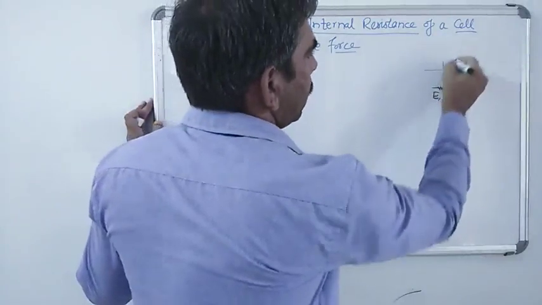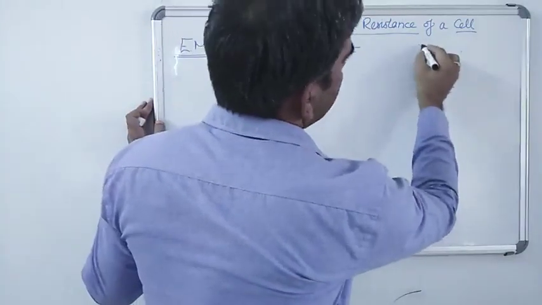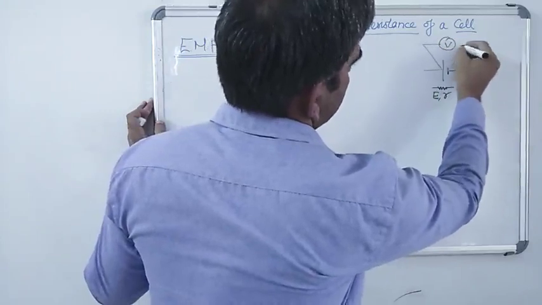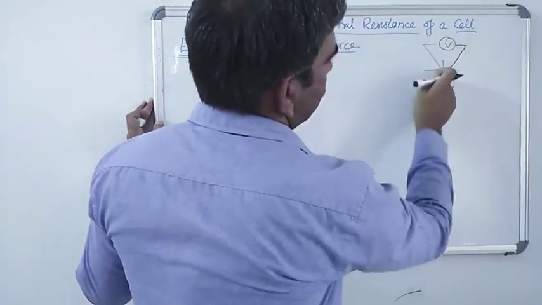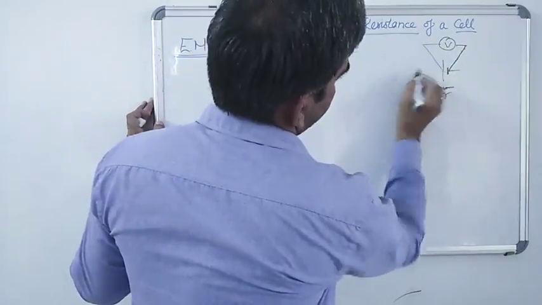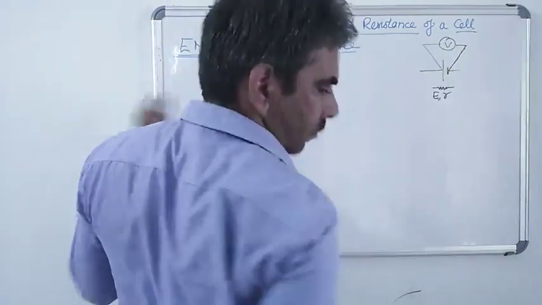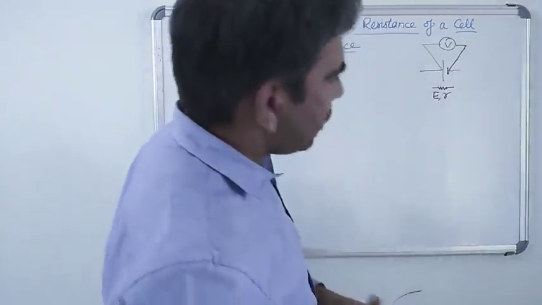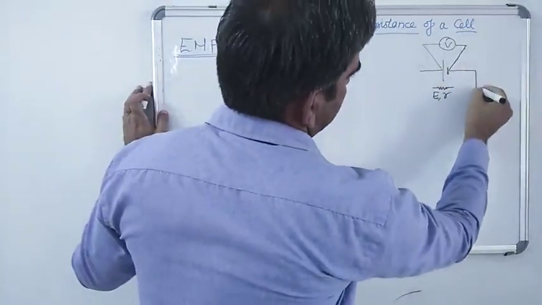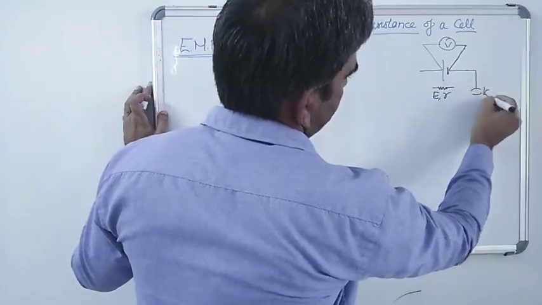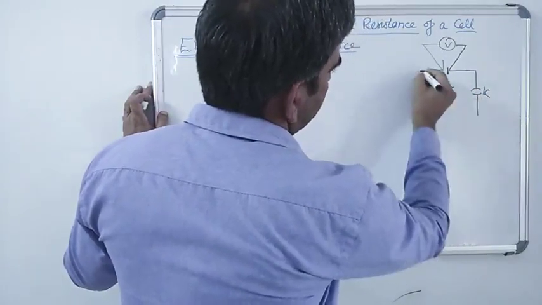And we connect a voltmeter across the cell in order to measure the potential difference across the two terminals of this cell, right? Whenever we connect this cell to some external circuit, let me make use of a key here.